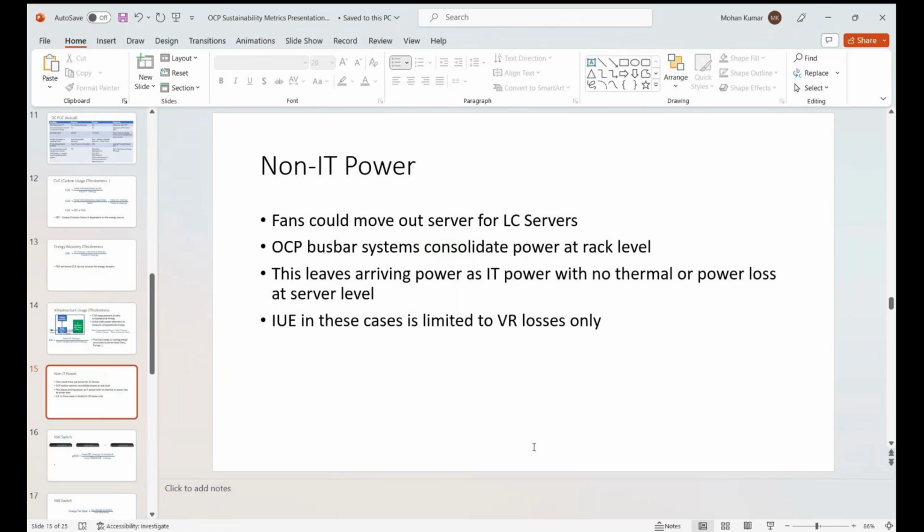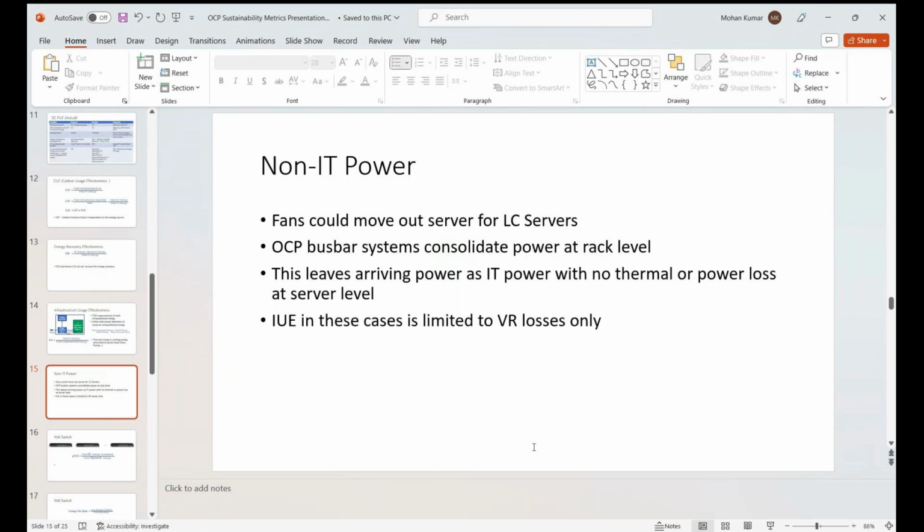And then you look at power, and you take something like the OCP bus bar that's being used in really creative ways these days. It's consolidating power at a rack level, which means the power that's arriving to IT has no major thermal or power losses like it did in a traditional architecture. So then your IUE is limited to the heat losses from your electronics and the VR losses inside the thing.